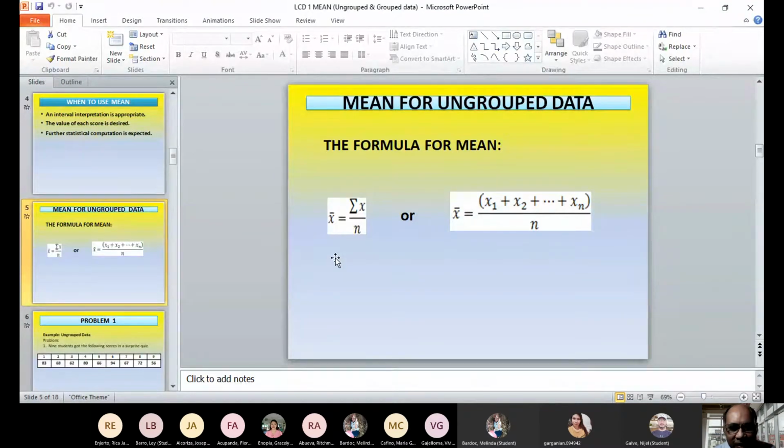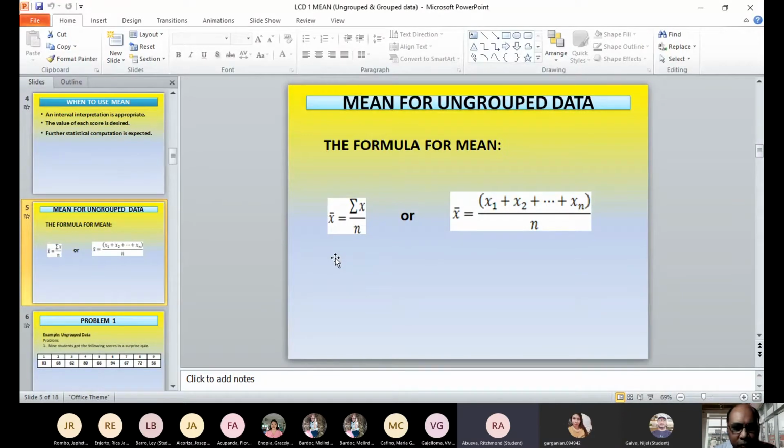Have you seen the Greek letter mu? Yes, sir? Okay, that is a Greek letter. Mu, sigma, those are Greek letters. In statistics, we adopt those letters.